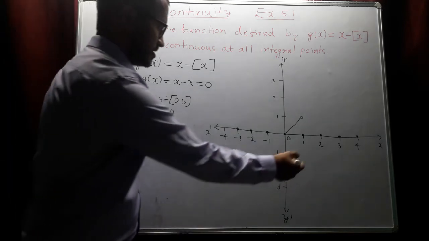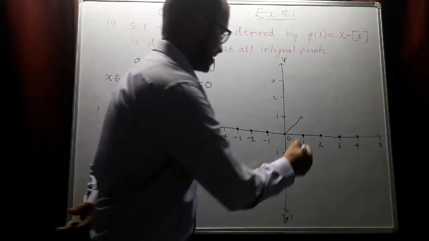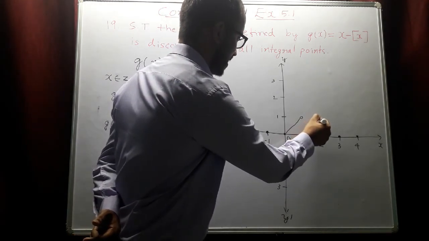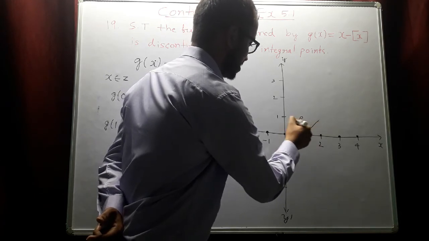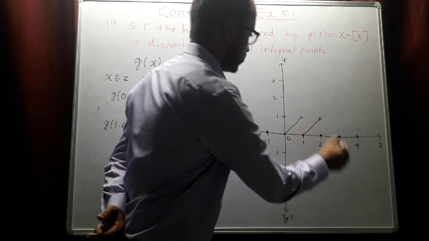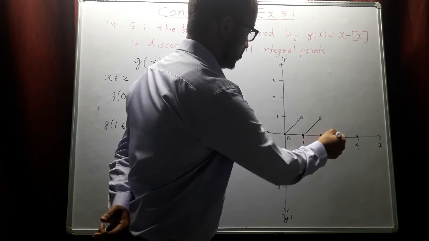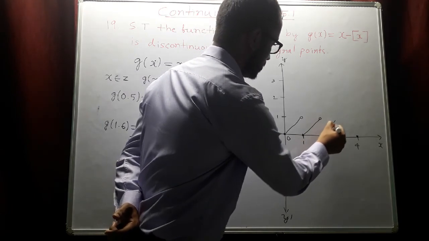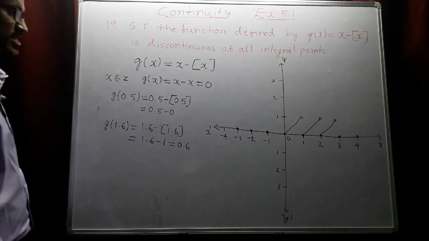So till where? Till 2, excluding 2. Again we get a similar graph which is parallel to the previous line, excluding 2. The same thing happens for the values between 2 to 3. This is the graph along the positive axis.